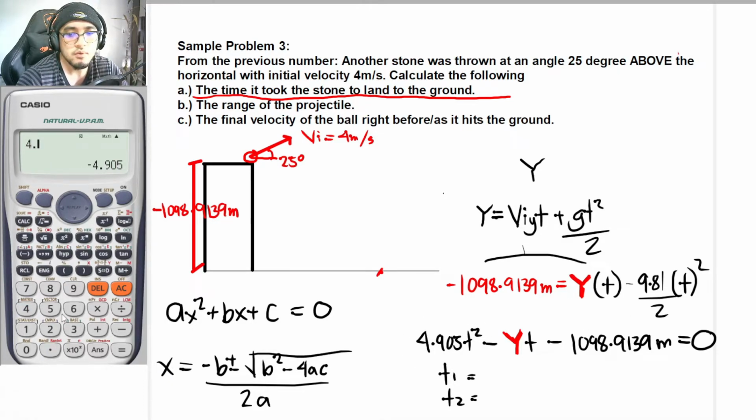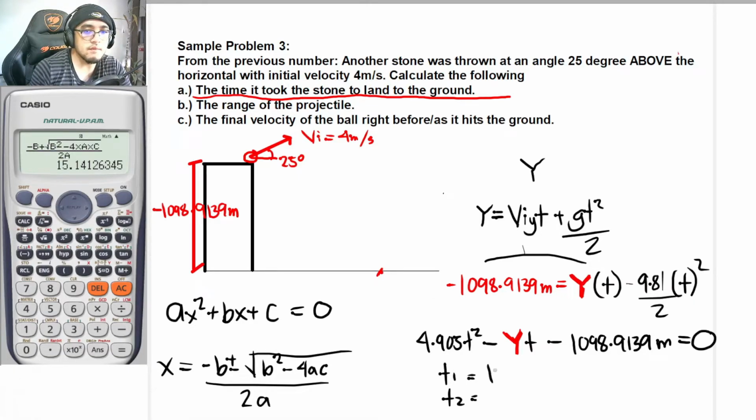4.905. And the value for c is now equal to negative 1098.9139. With that, my first answer is now equal to 15.1413 seconds.